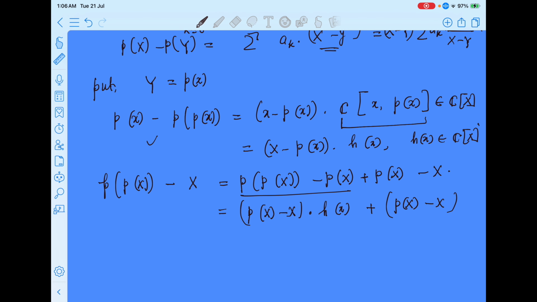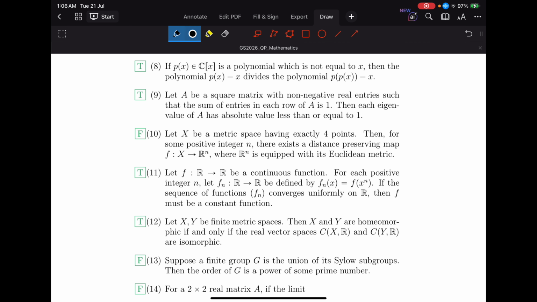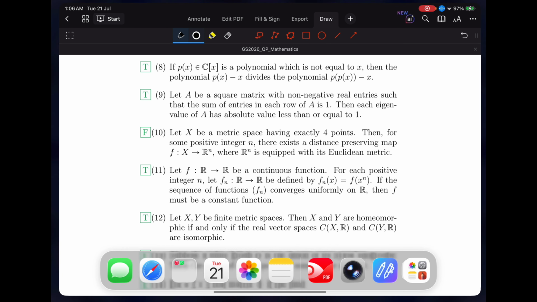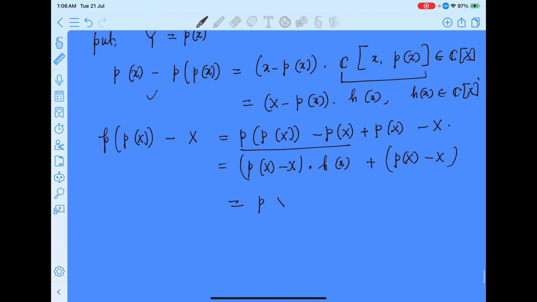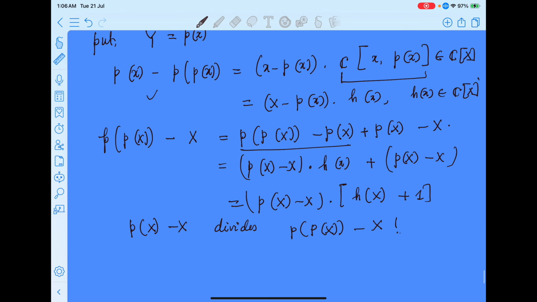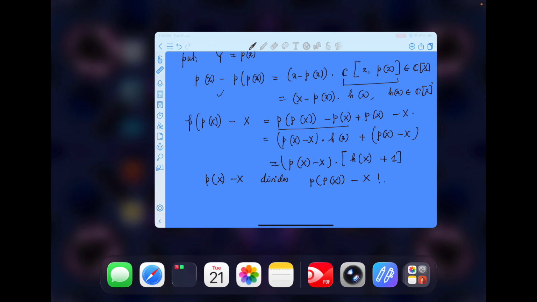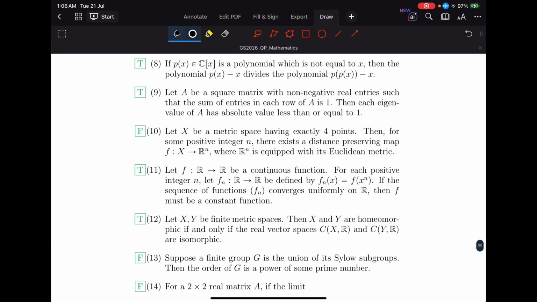Okay. Yeah, which is equal to p(x) minus x times h(x) plus 1. So that means p(x) minus x divides p(p(x)) minus x. Yeah, so this is true. It's true.